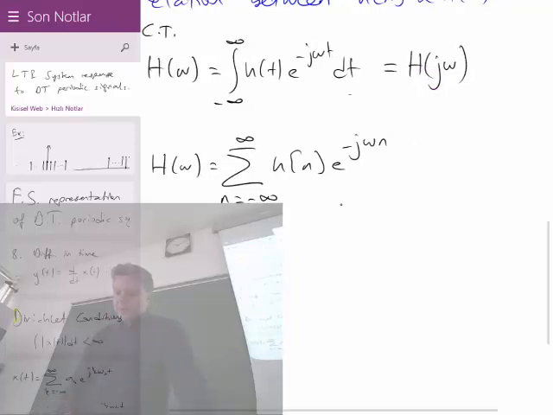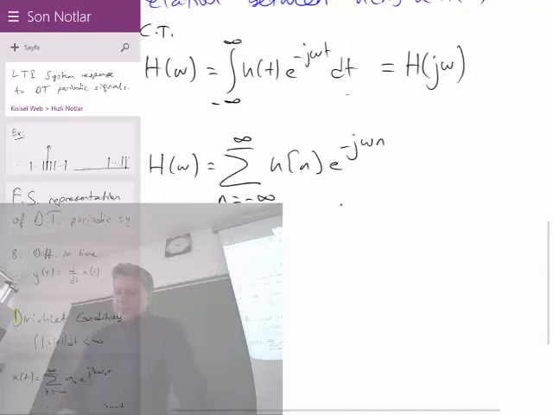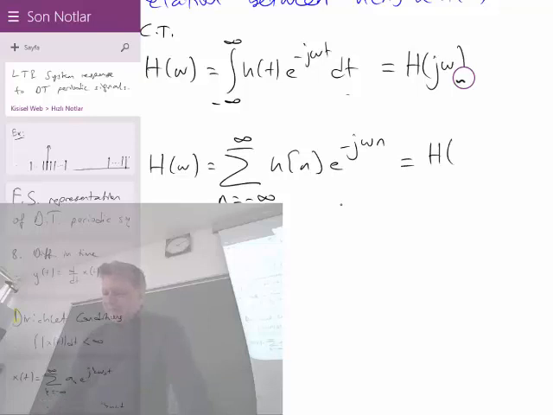There's not much difference. But again, this has its own representation, and the representation is a bit longer to write. It's H of e to the j omega. It means H of omega, okay? The only variable here is omega, the frequency. The others, e and j, are just inside the notation.